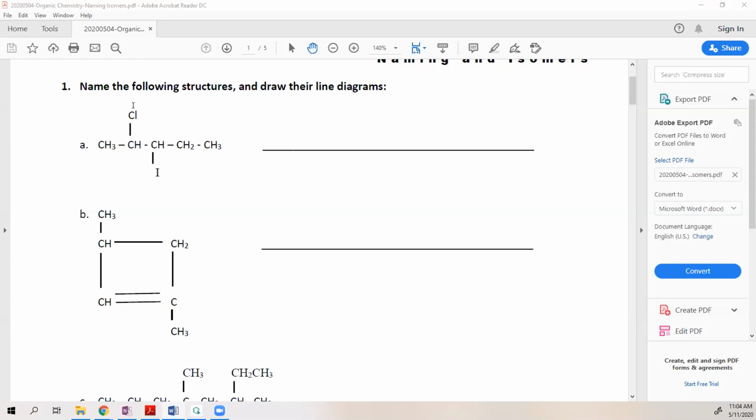We have a chlorine group, which is going to get listed first because it's alphabetical. C comes before I. So that's going to be on the second carbon, 2. And we know that we should be counting from this way because our substituents start on the second carbon here. If we start from the right going left, then that would be the third carbon there. So we have 2, 3, because this is the second carbon, this is the third carbon. And so we have 2-chloro-3-iodopentane. Very good. And there's no double bonds, no triple bonds, and so that's how we know it ends in ane.